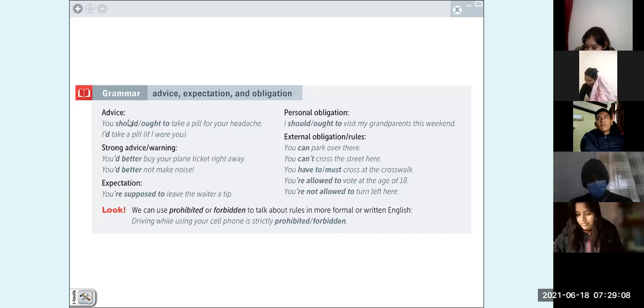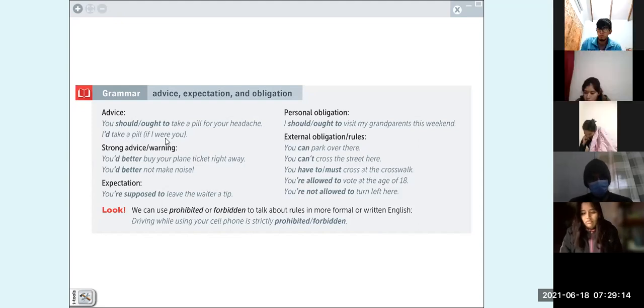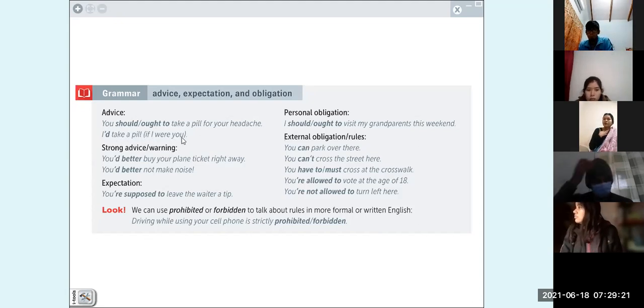And number 2, please, Eden. I take a pill if I were you. Yes, generally we use this kind of conditional when we want to give advice too. If I were you, I'd take a pill. I would take a pill, or we can say, right?